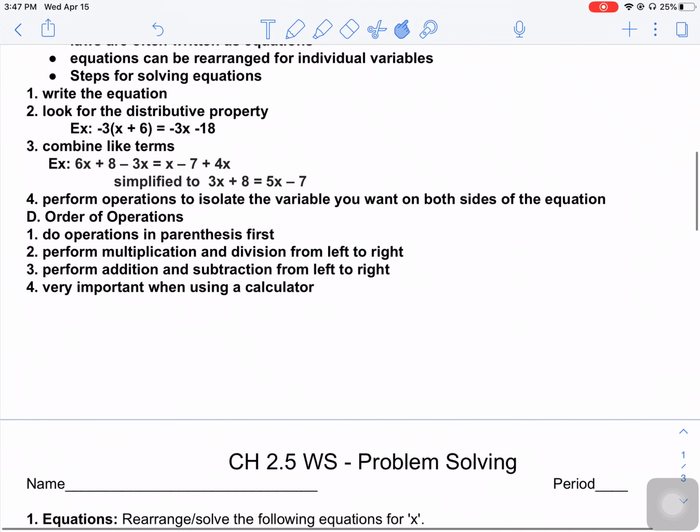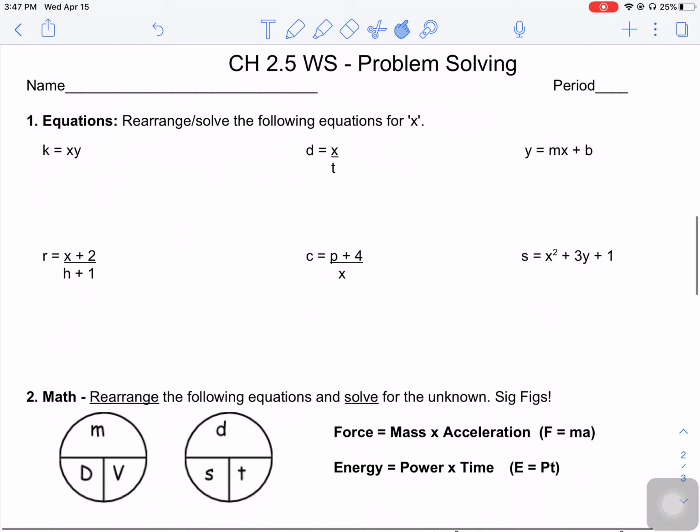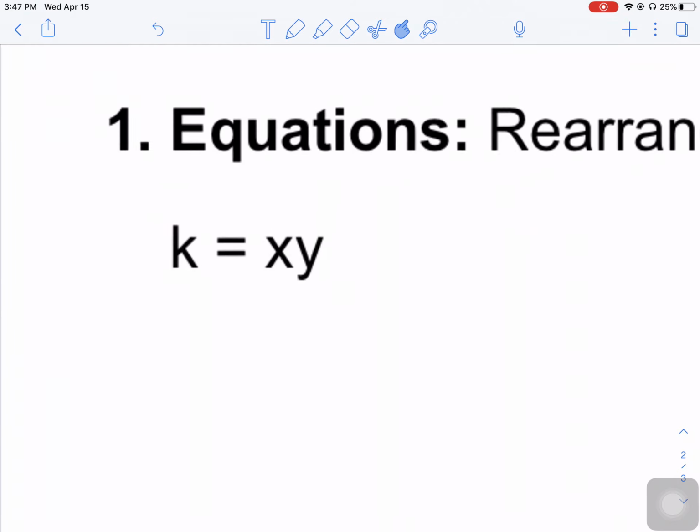All right, so what I'm going to do here is rearrange some of these equations and solve some of these problems. In the case of number one, we're going to be solving for x, okay? They go from easy to more complicated. So for the first one, we want to solve for x. The way that we're going to do that simply is we're going to get x on one side of the equal sign and everything else on the other.